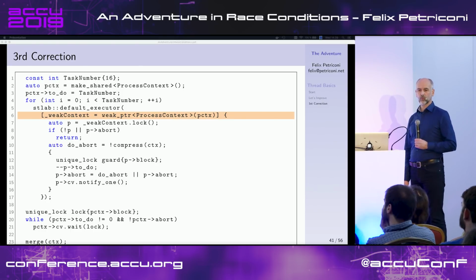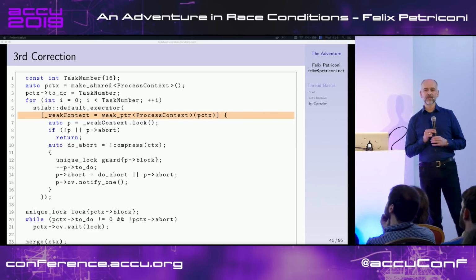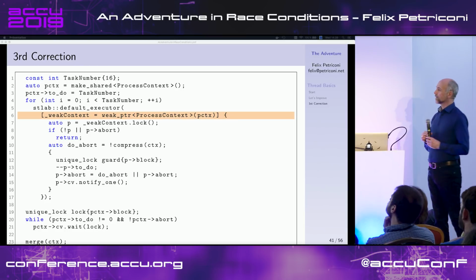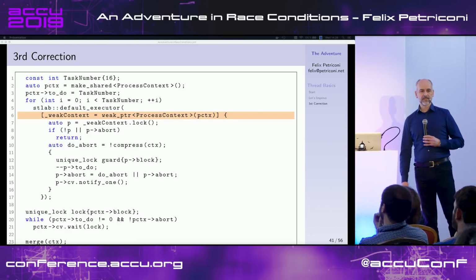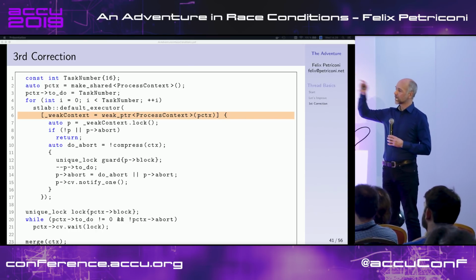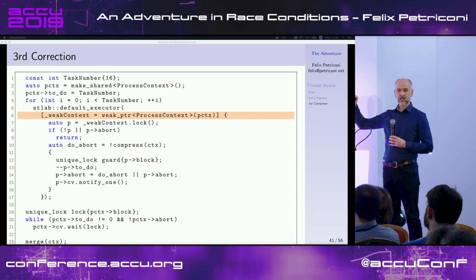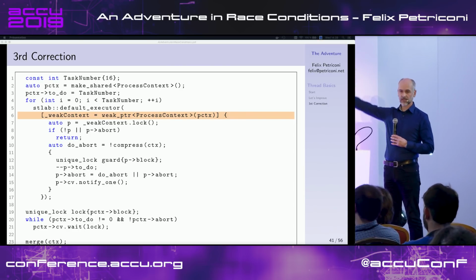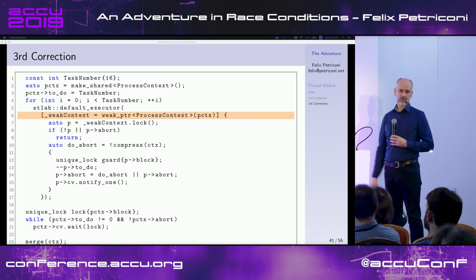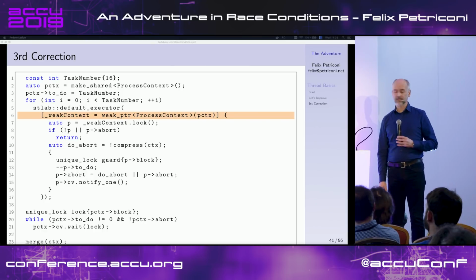Everybody clear why I create a weak pointer? Who doesn't know why I use a weak pointer here? Okay, the weak pointer has the advantage at this point. Whenever one of these tasks terminates, as we have seen, it can fall out of scope, and then it would delete our process context. And it should delete this.